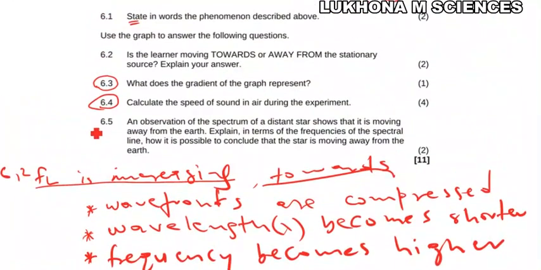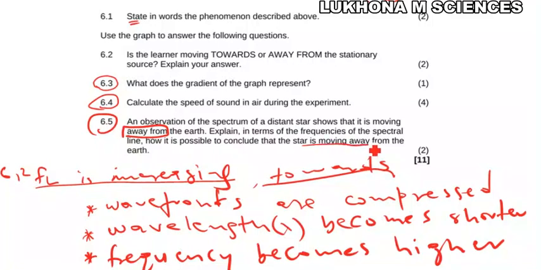An observation of a spectrum of a distant star shows that it is moving away from Earth. Explain in terms of the frequency of spectral light how it is possible to conclude that the star is moving away from Earth.